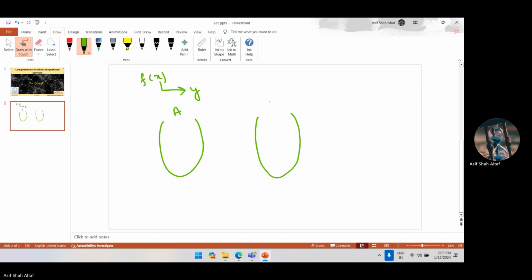So you have two sets, A and B, with elements as given. What a function, let's call it f, will do is map the elements in set A to elements in set B.